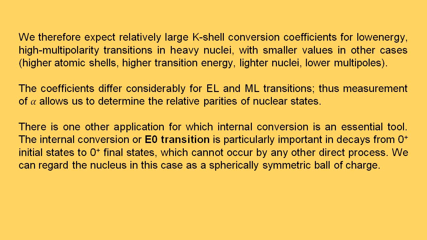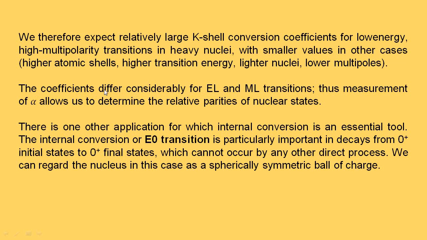With smaller values in other cases, that means higher atomic shells other than K, higher transition energy E, lighter nuclei, that means Z low, and also lower multipoles. So, this condition is not preferred by internal conversion.